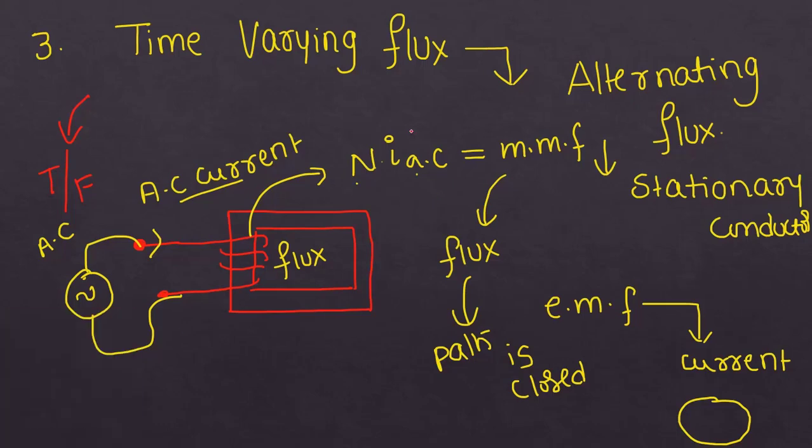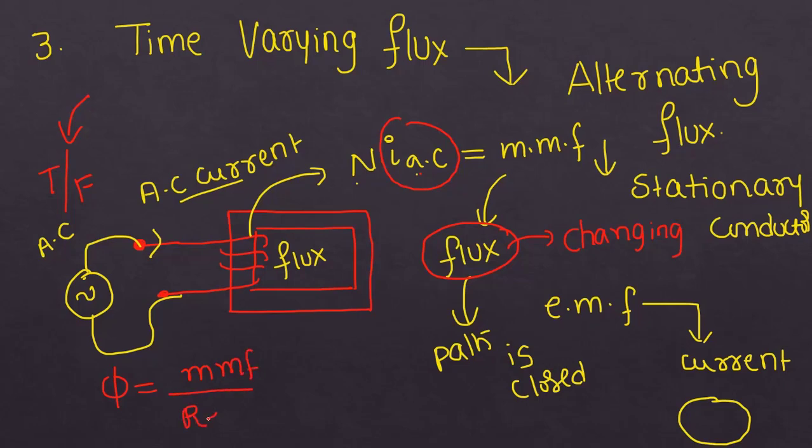Now tell me, the current is an alternating current, meaning changing current. The flux is also changing flux. Actually, the flux formula is φ, φ is nothing but flux. Flux formula is MMF by reluctance, just like current formula, voltage or EMF by resistance.